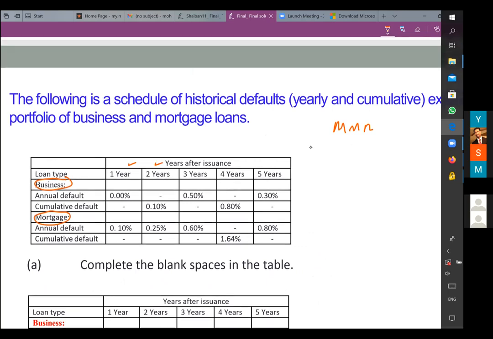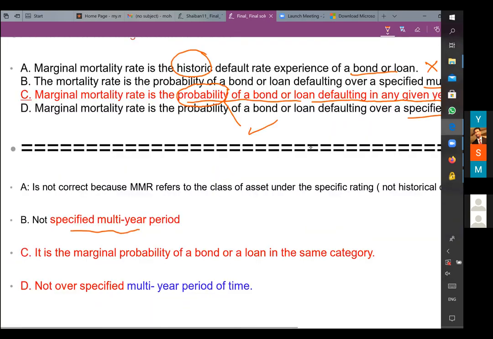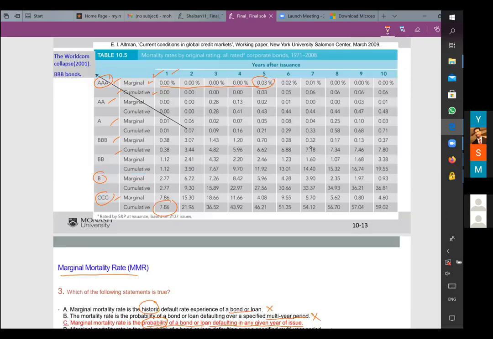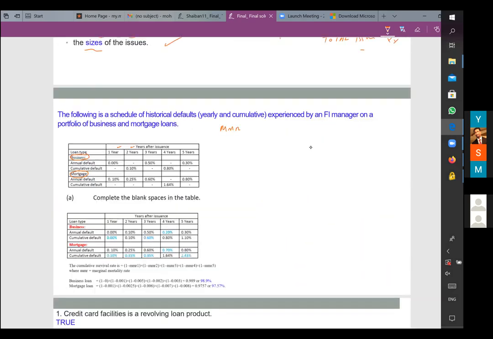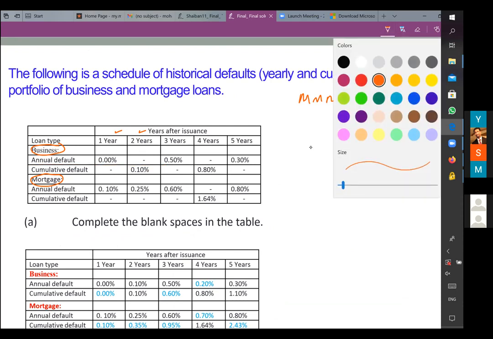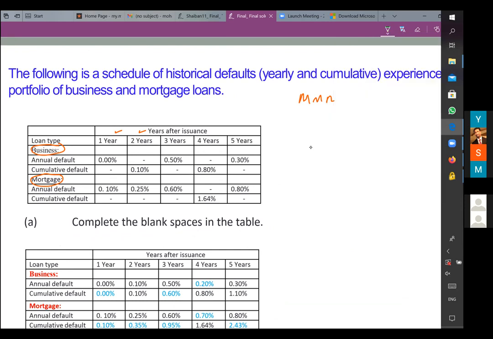I'm just trying to reflect this table, this exercise, because you have marginal and you have cumulative, for AAA, and you have it for A, and for B, and all those ones. If I give you an exercise like this, let's talk first about the business loans. So for the business, we have annual and cumulative.